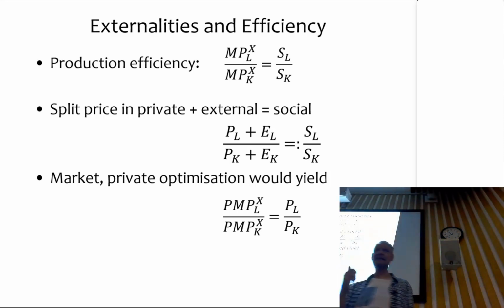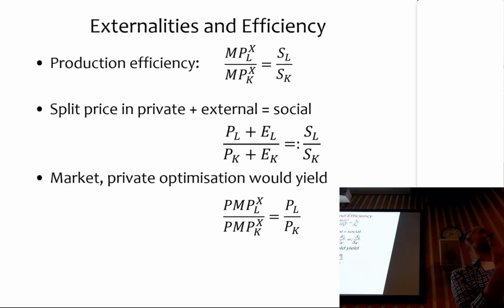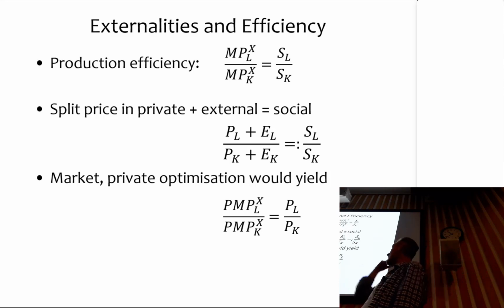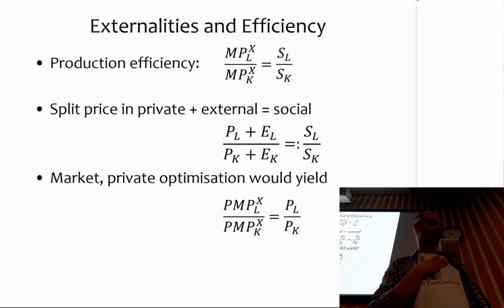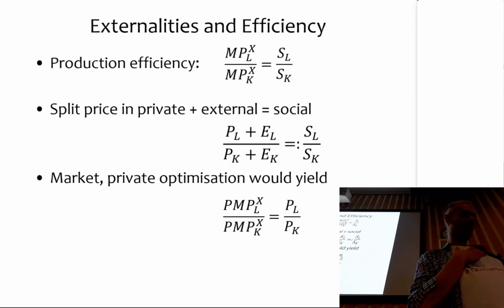Now, if that social worth consists of two components, a market component plus something that is not on the market, then S_L equals P_L plus E_L, right? And same S_K equals P_K plus E_K, sorry. So that is what we would like to do.